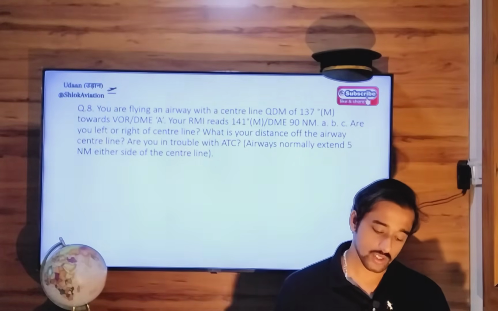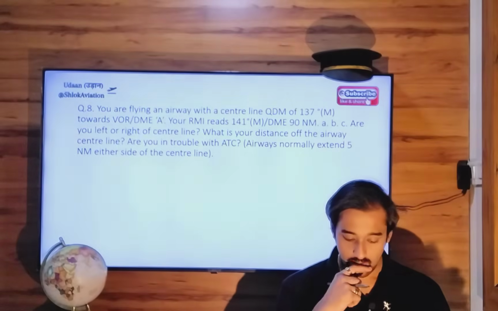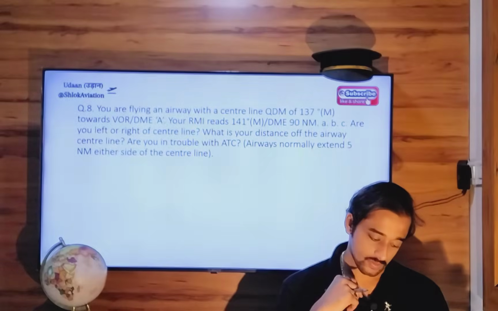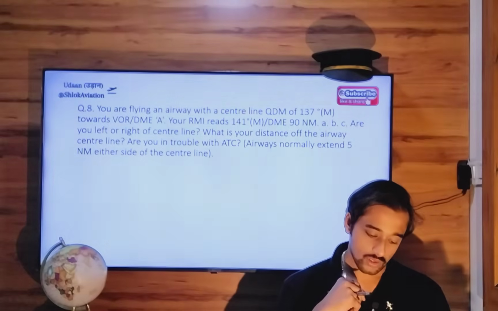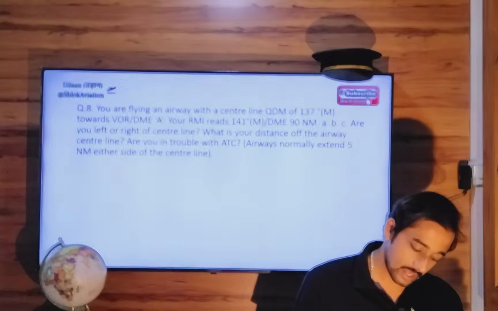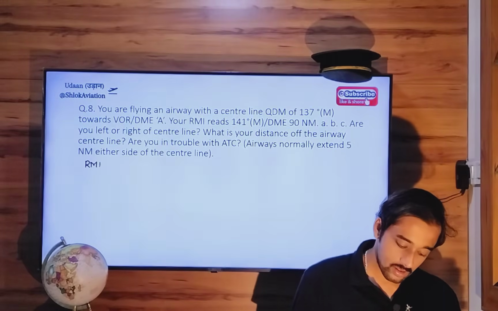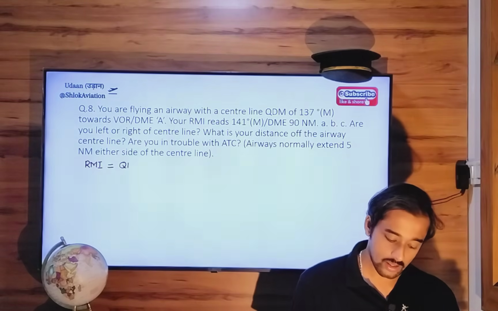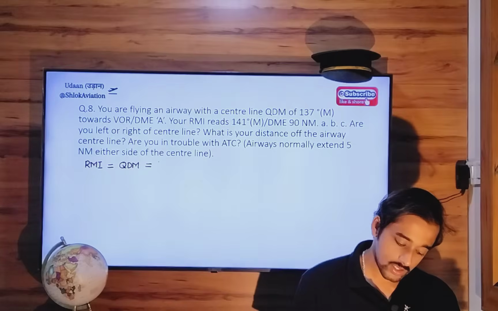So QDM to the station is 137. Your RMI reads 141. The RMI will indicate the QDM to the station, which is 141.